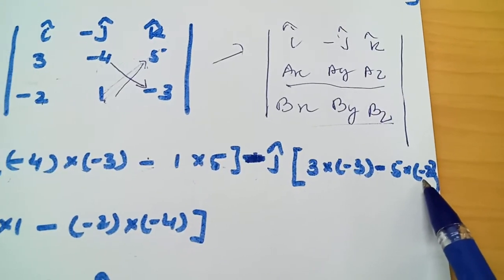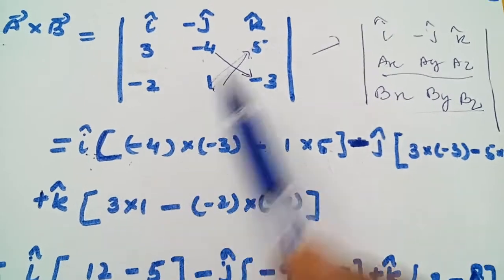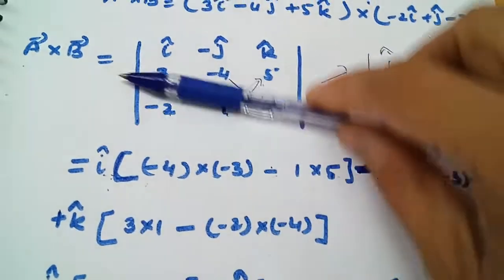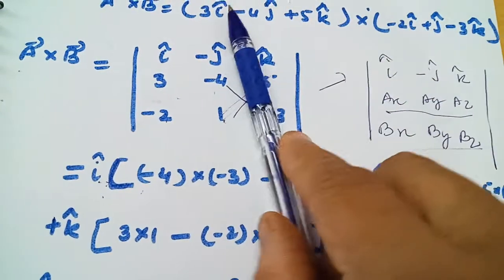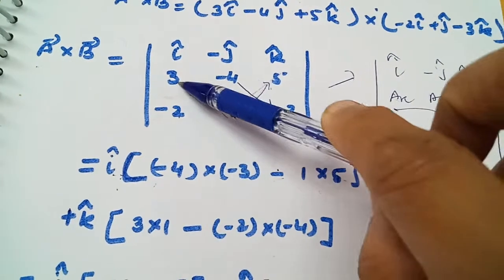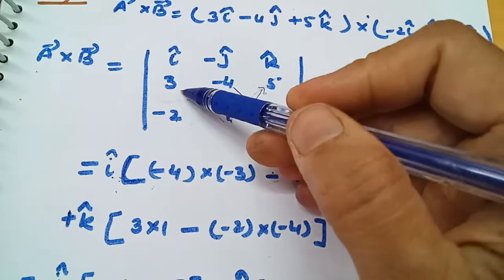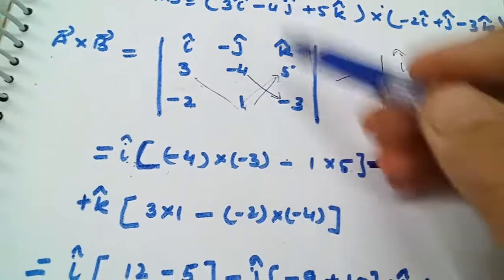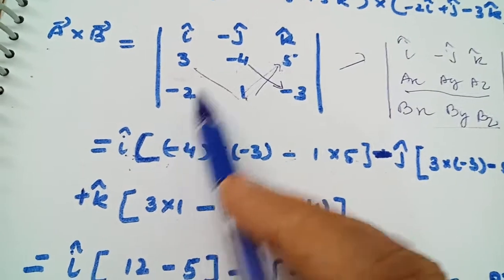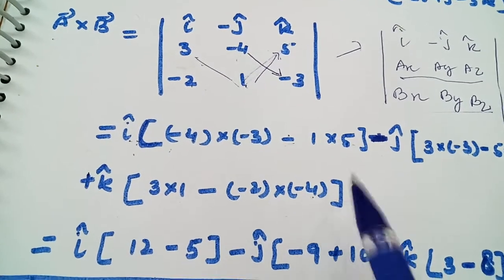Now the plus k cap: you close this column and this row, and take the product 3 into 1 minus minus 2 into minus 4. The sequence of the product is the same in all. So you have got this.